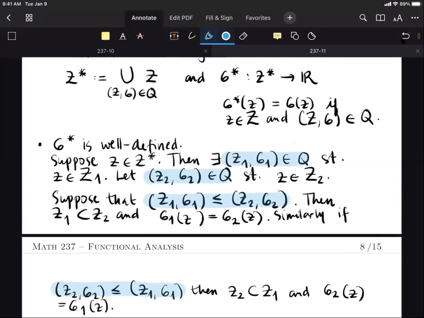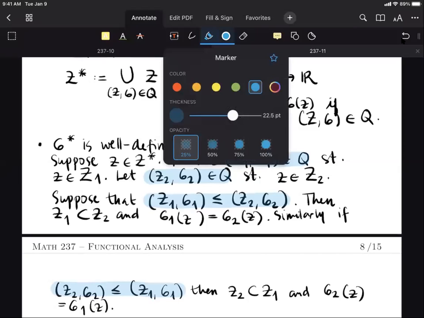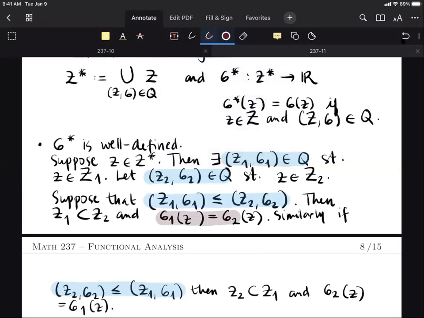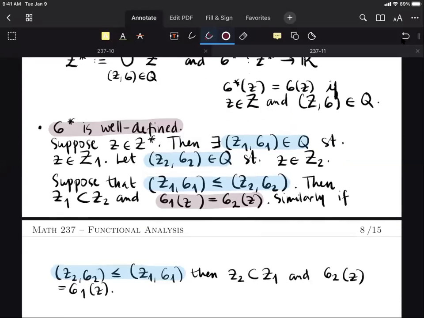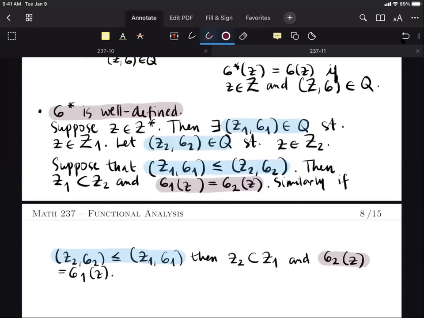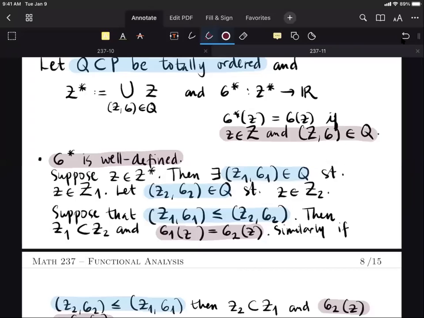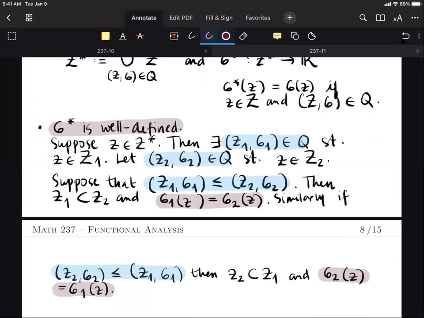So this means that G star is well defined since if you have, let's say, two sets Z1 and Z2, containing small z, and z is the first component of a pair in Q, the function values, whether you use G1 or G2, are the same.